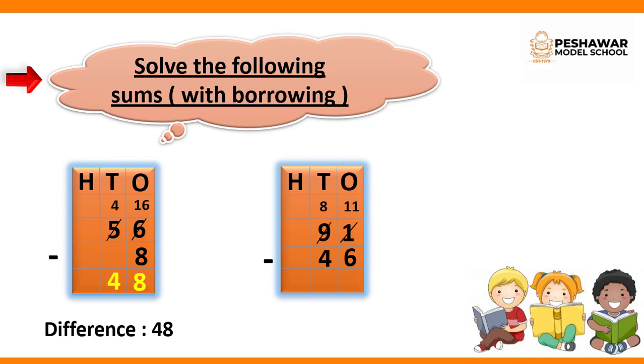Now we can subtract 6 from 11, so 11 minus 6 equals 5. Now let's move to the tens place. So we subtract the tens, that is 8 and 4. 8 minus 4 equals 4. So we get 45. That is, by subtracting 46 from 91 we get 45.